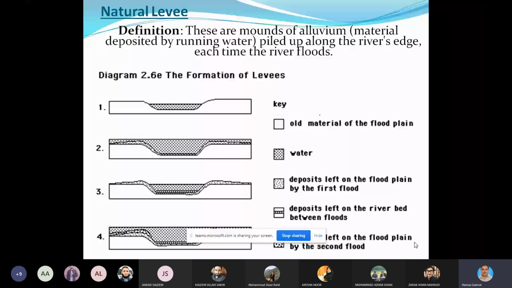And when these layers are deposited one by one, natural levees are formed. Each time the river floods, it brings a lot of alluvium, that is the sediments which are deposited in the floodplains, and the bed and the floodplains keep on increasing.